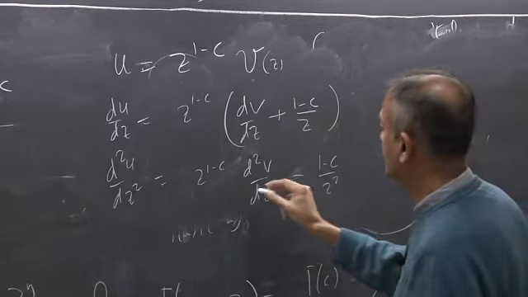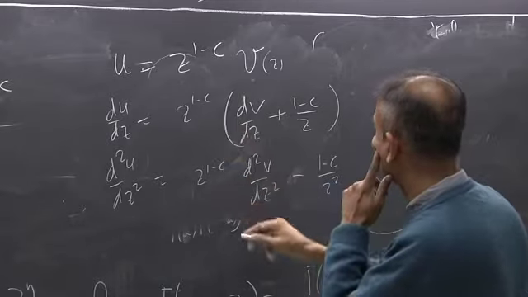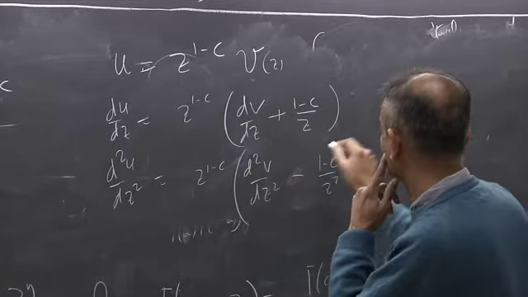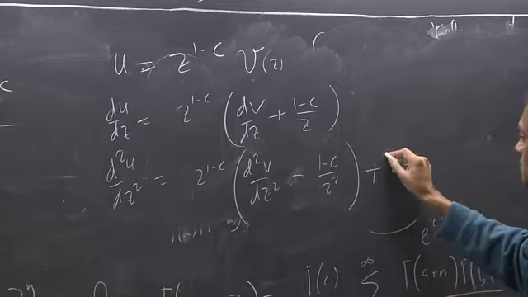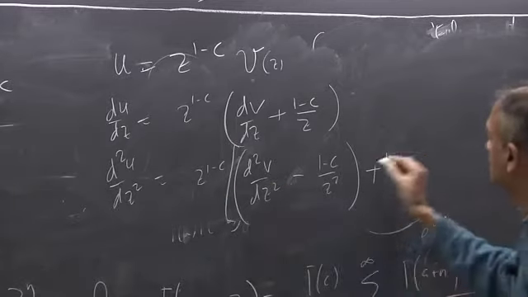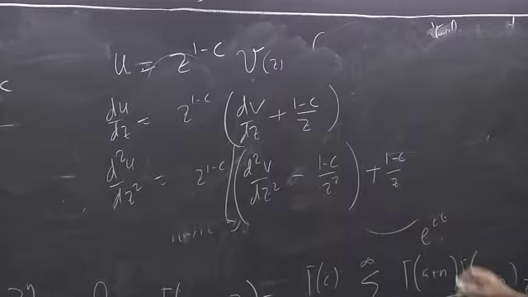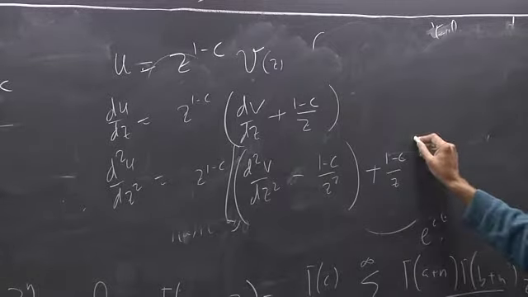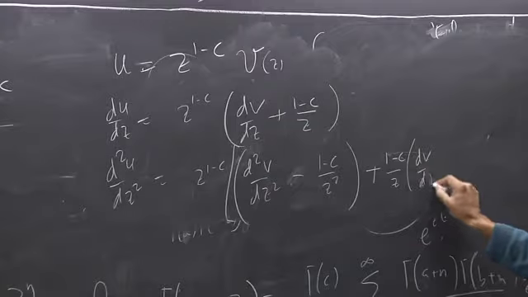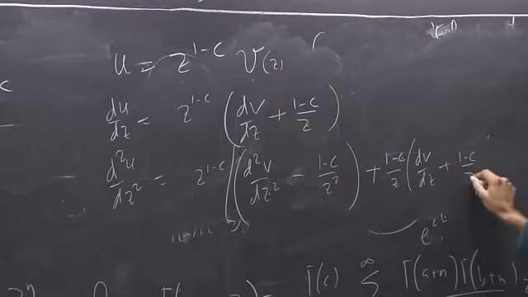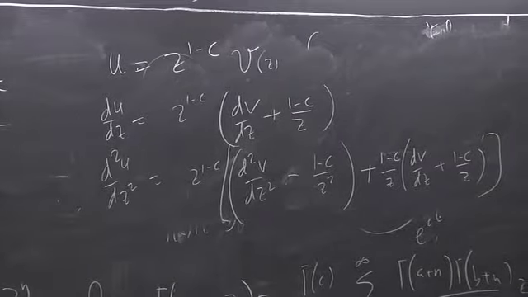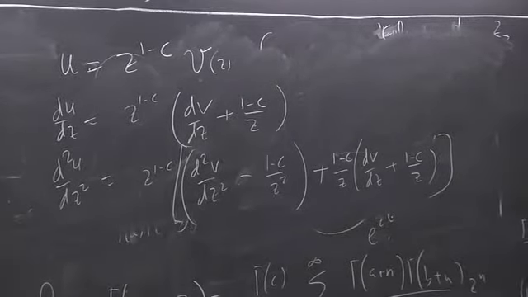That's from there. Then a derivative acting here will give you, again I take out this here, so 1 minus c over z times this whole thing. I mean, 2 derivatives. That is okay.